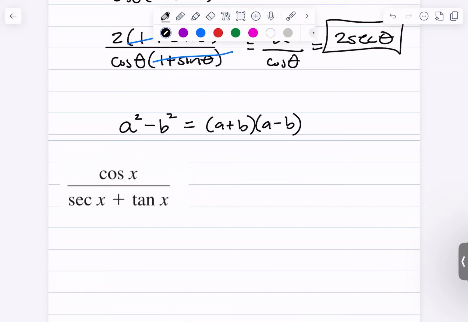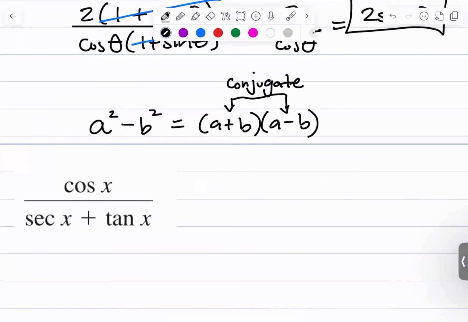Remember that those guys are the conjugates as well. Okay, so if you guys hear me saying these words, that's what I mean. Okay, conjugates. Okay. So here, what I'm going to do is multiply this whole thing by the conjugate of my denominator.